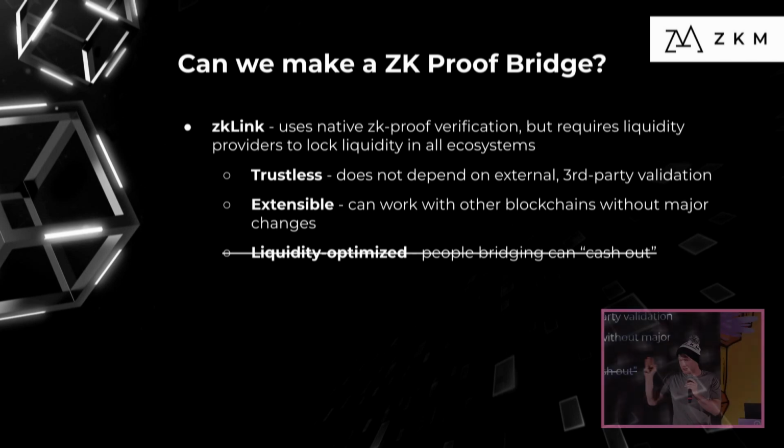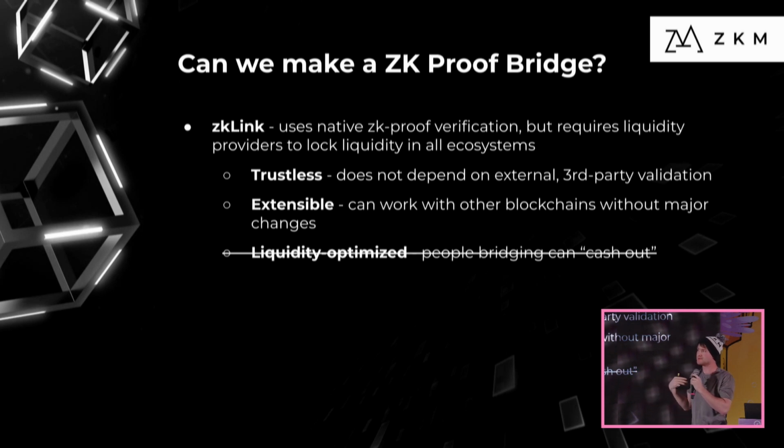Now, another solution, ZK-Link. They use native ZK proof verification, but they need to depend on external liquidity providers. So what do we mean by this? The way they do it is that they have multiple different proofs synced across the different networks.